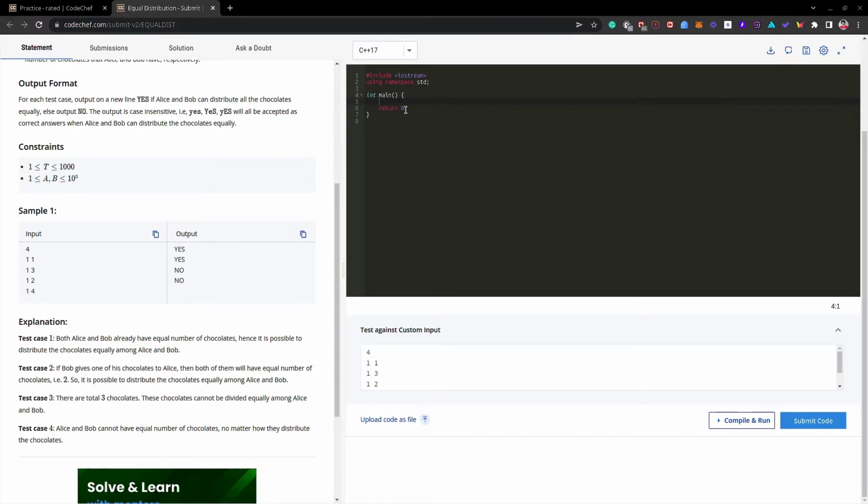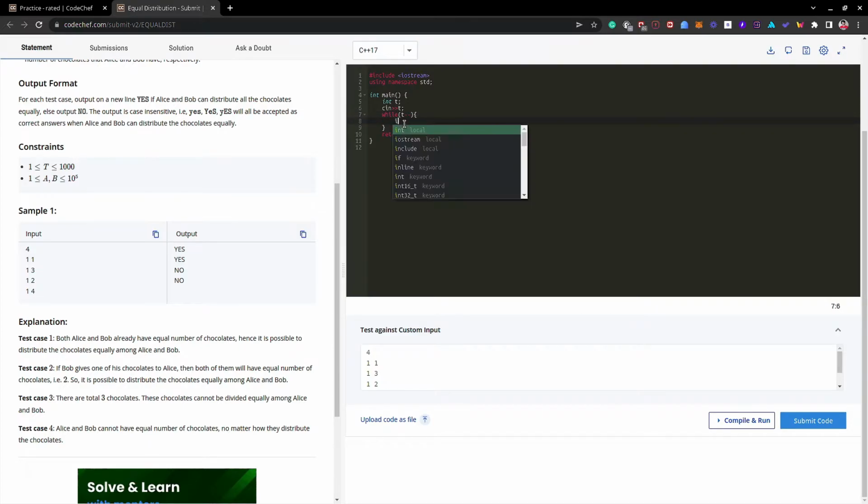So here, as I just told you, we have to take t for our test cases, then take input for it, then do a while loop with t minus minus, just decreasing t, nothing more than that.